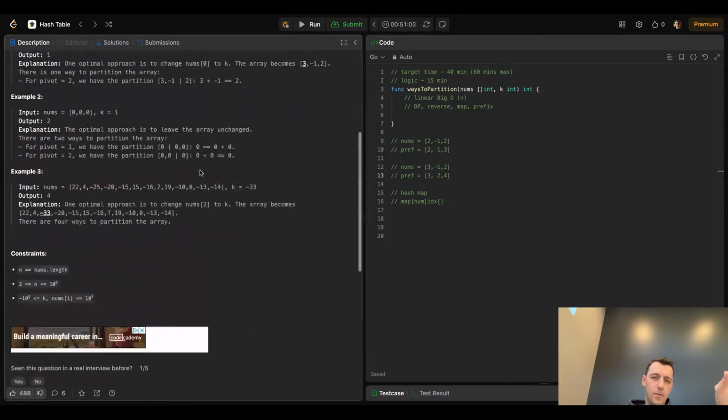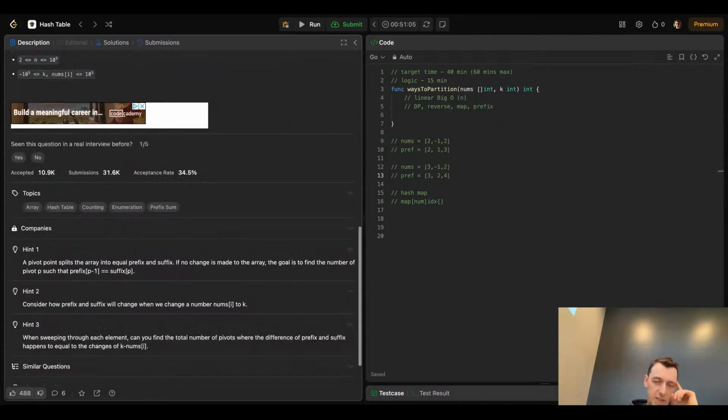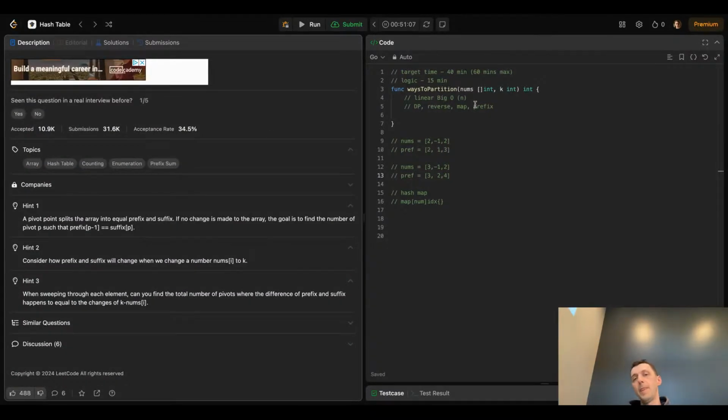So far, it looks like we did figure out the directions: that it's prefix, and that it's a hash map.